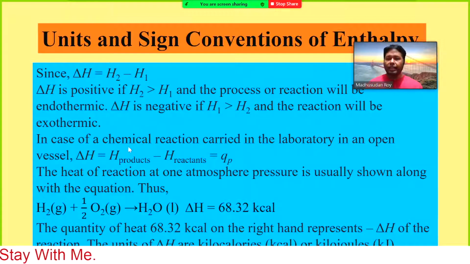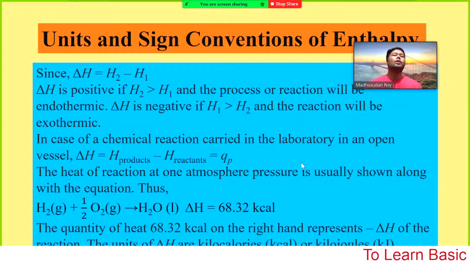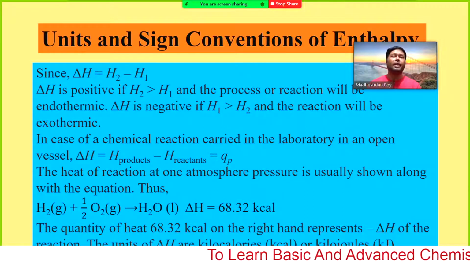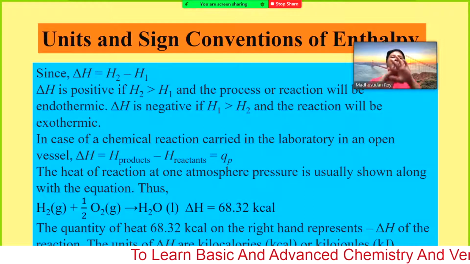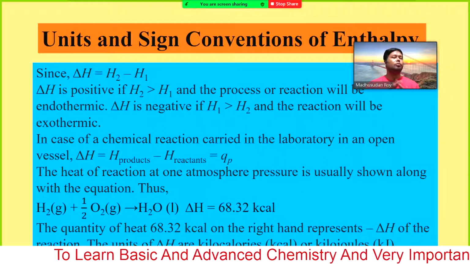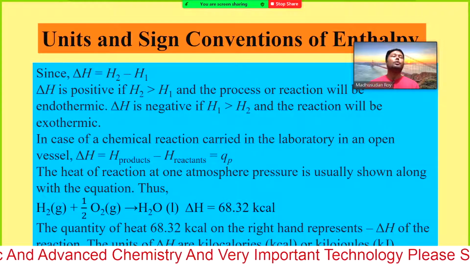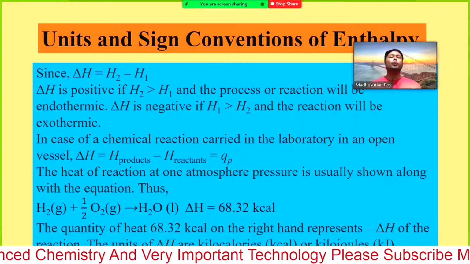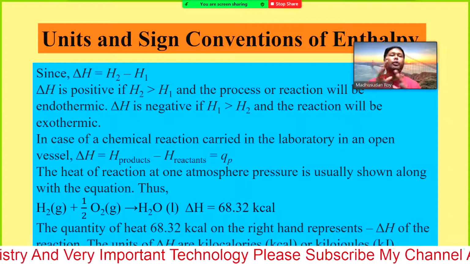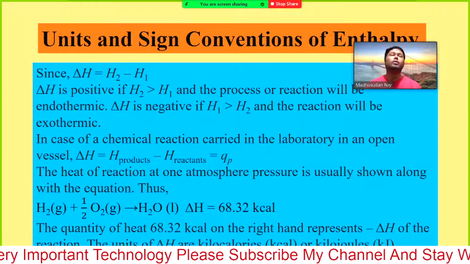In case of a chemical reaction carried out in the laboratory in an open vessel, that means the pressure of the system is almost constant, 1 atmosphere. The volume will increase and the pressure will remain constant.